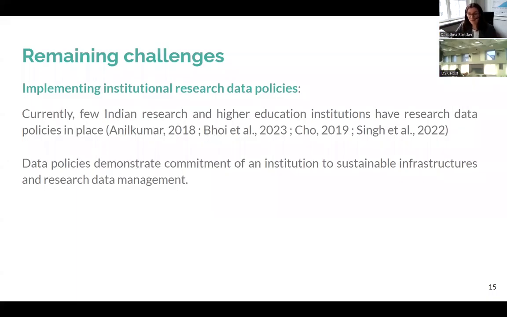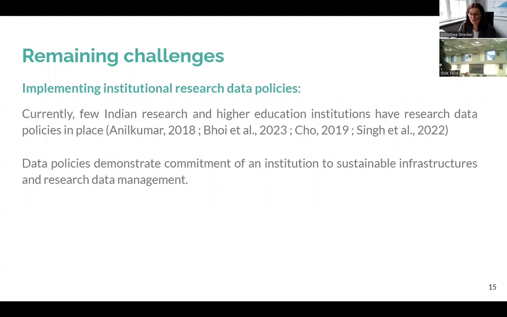So what I found when reading the literature is that one challenge that still remains is that there are currently few research data policies at Indian higher education institutions. And that is important because having a data policy demonstrates the commitment of an institution to provide sustainable infrastructures for research data and to research data management.